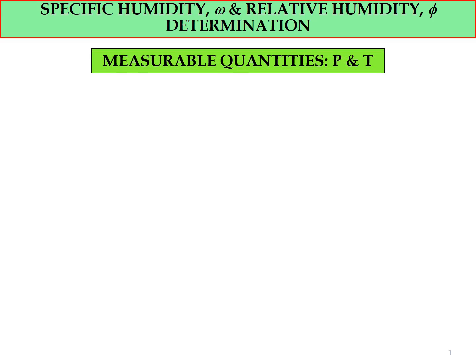We want to know the simple way to determine the humidity value based on measurable quantities such as pressure and also temperature. By measuring pressure and temperature, we can determine the value of humidity, including the specific humidity and also the relative humidity.